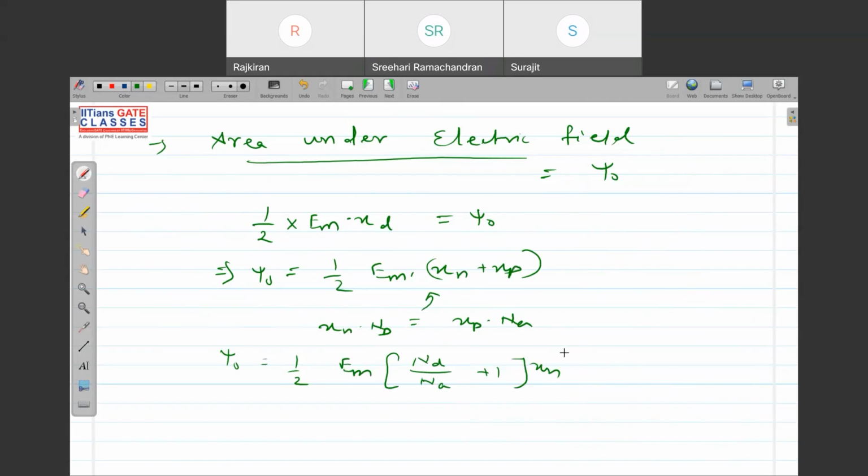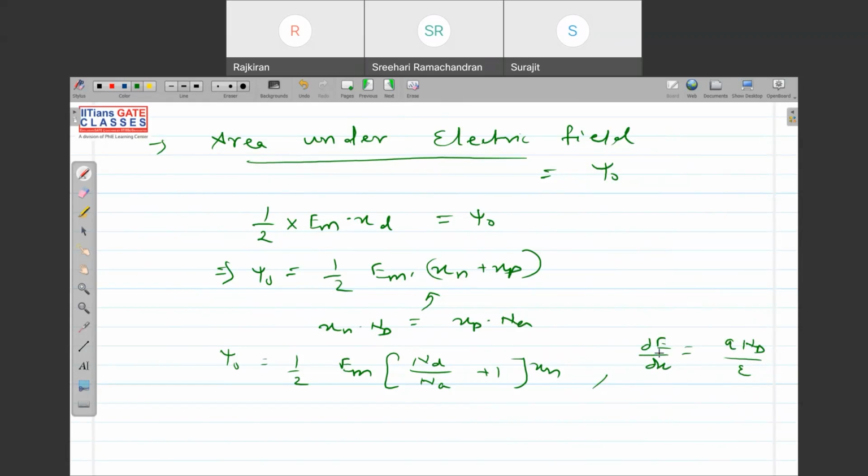My aim is to calculate the depletion width. So to calculate the depletion width, you have to get xn. Then one more thing we know from Gauss law. Gauss law says dE by dx is equal to q Nd by epsilon on the n side. What is dE by dx?